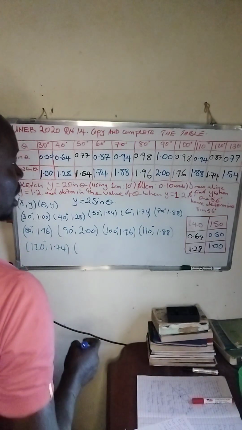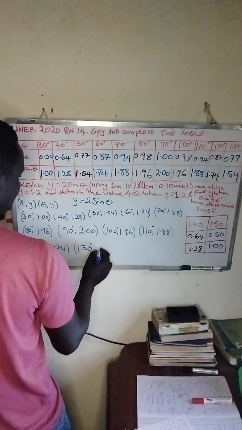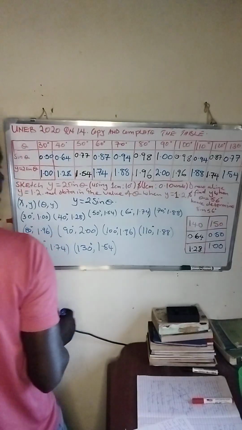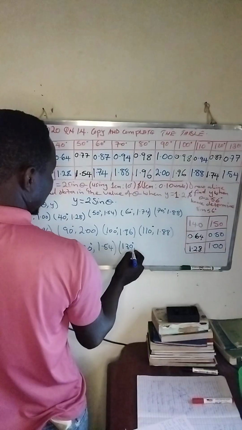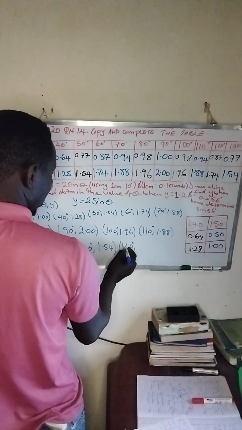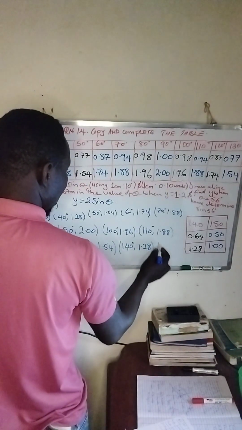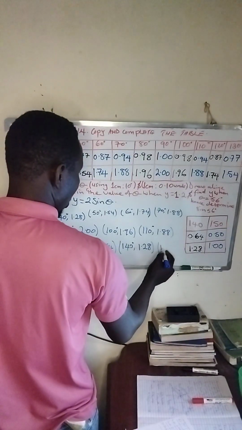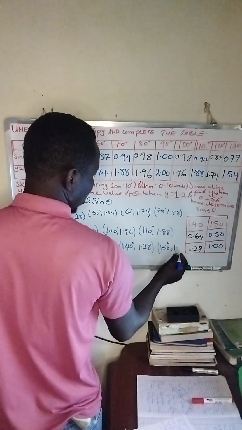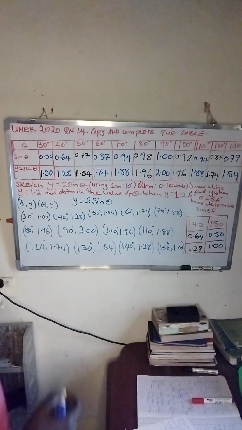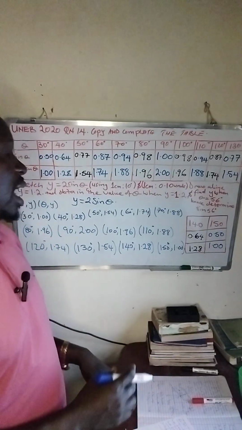Then another one is 130 degrees and 1.54. Then we are having a 140 and 1.28. And finally the last point will be 150 degrees and 1.00. That is the way we deal with obtaining these points.